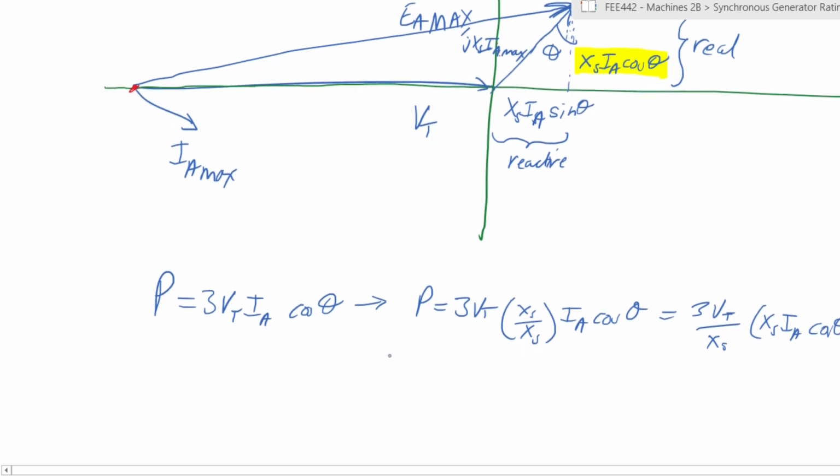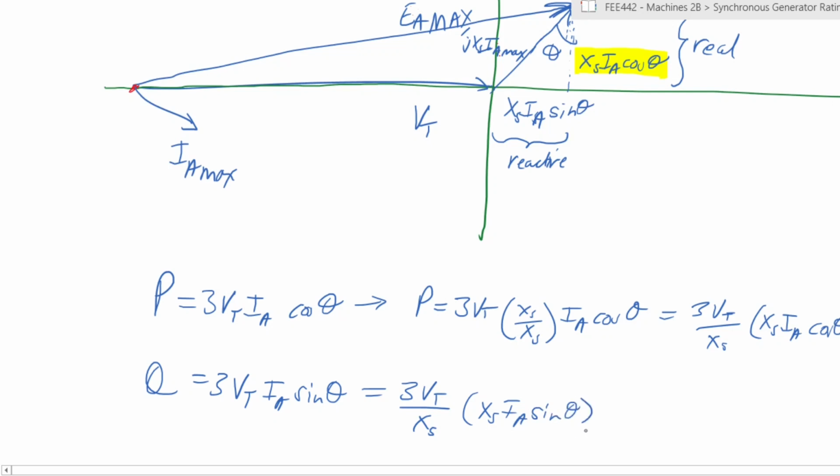Similarly, for Q, which is the reactive power, you will have 3 VT IA sine theta. And if you undergo the same conversion, it will be 3 VT over XS times XS IA sine theta, right? Which in our diagram is represented here.